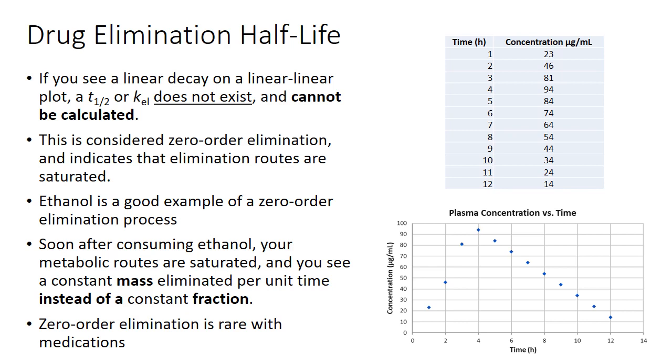I haven't looked at it in a while, but it's definitely very easy to saturate. So please understand how to recognize zero order versus first order elimination, and realize that first order elimination is much, much more common.